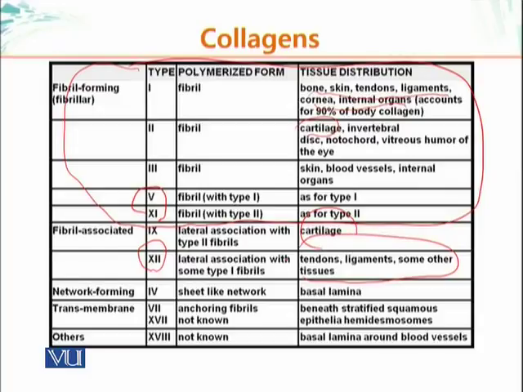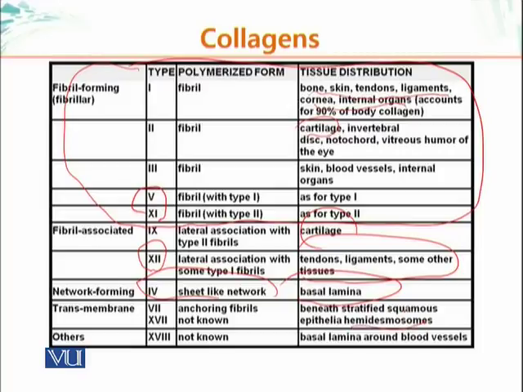The network-forming collagen is type 4. We'll have a lot more to talk about it. It is one of the major components of basal lamina. We have also talked about transmembrane collagens and anchoring fibrils, and we have said that, for example, type 17 is present in hemidesmosomes.